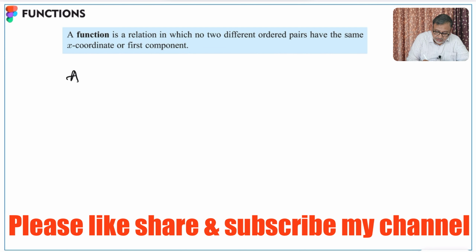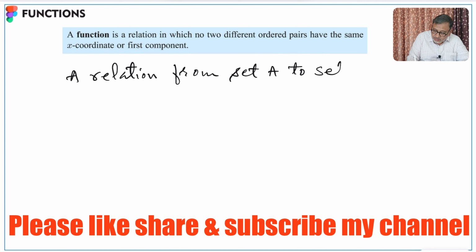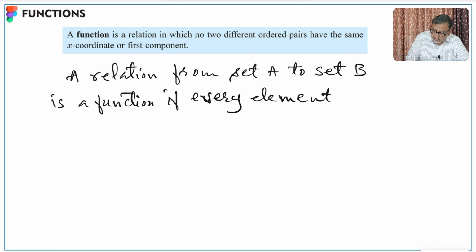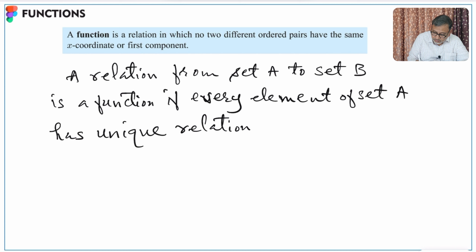A relation from set A to set B is a function if every element of set A has a unique relation in set B. The above definition also means the same thing. I'll show you an example of what is the meaning of it.